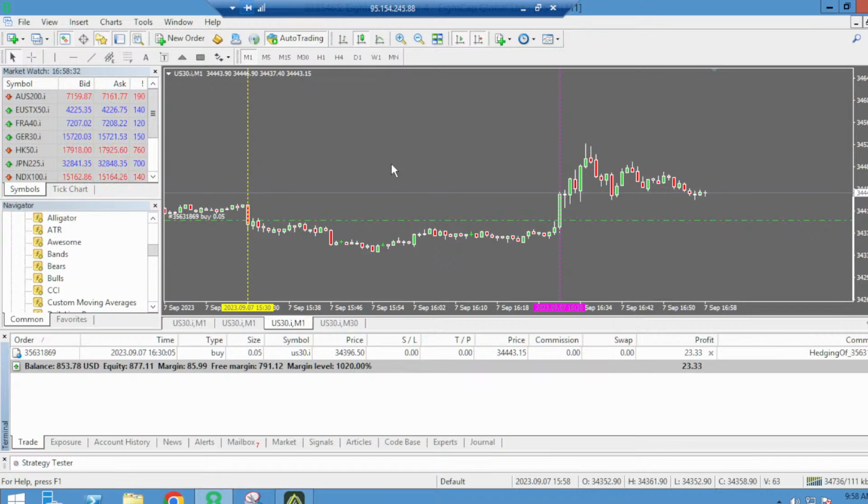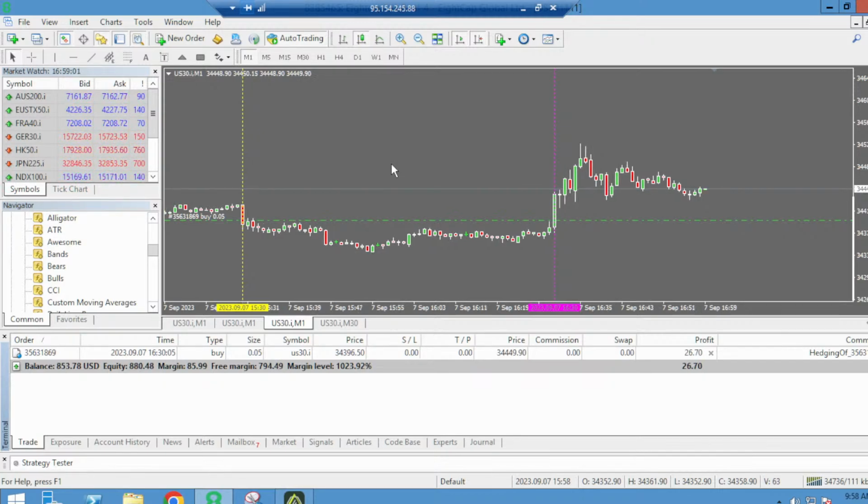More like 1.5. Price is struggling right now. One minute left. Less than 1 minute, more like 30 seconds.